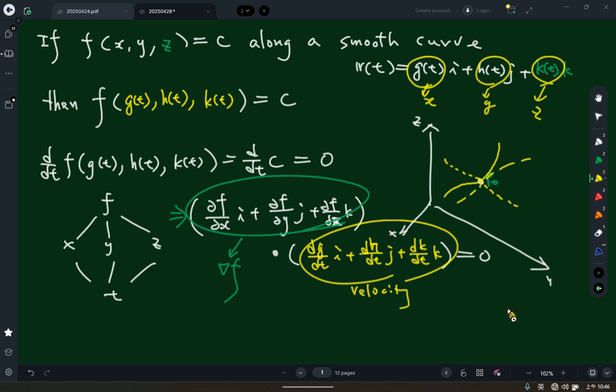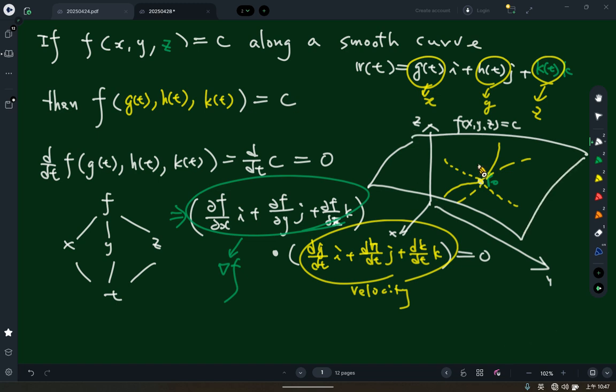No matter which path, one thing is common. What is that? If you give me the point P and I give you the f function, f of x, y, z is equal to c, then we can define the surface, right?